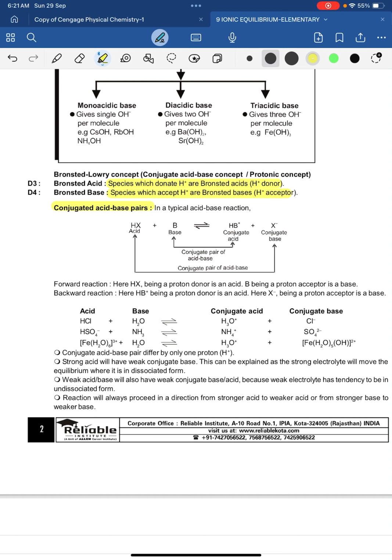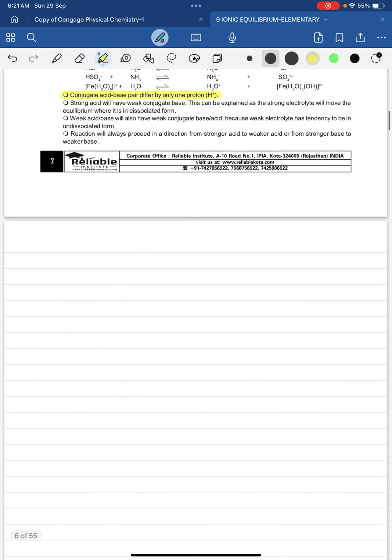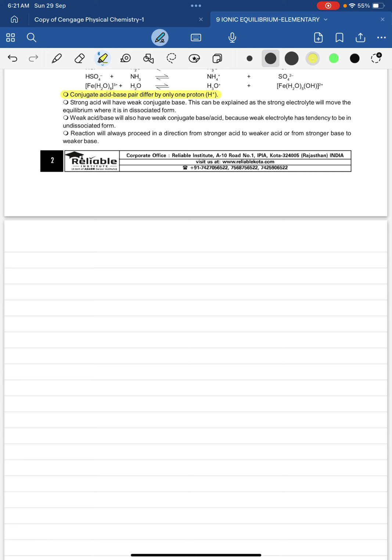So here they are showing some important points. These are very important. The first point is that a conjugate acid base pair differs by only one proton. See what is the meaning of this, and what is the acid and base also. I am choosing HCl.